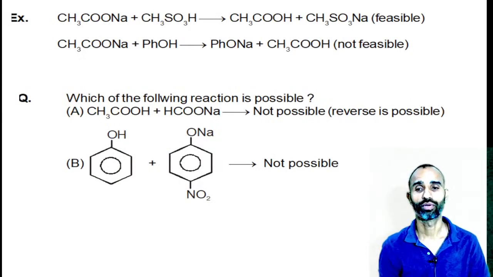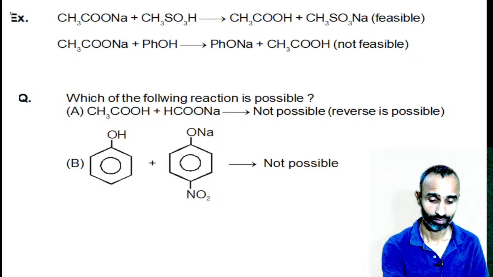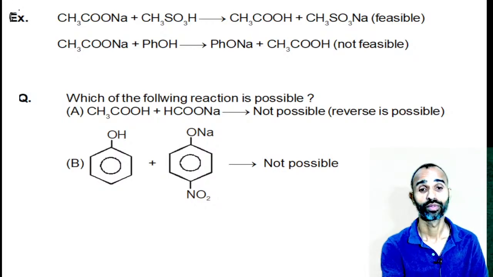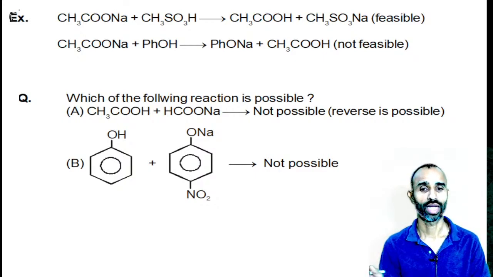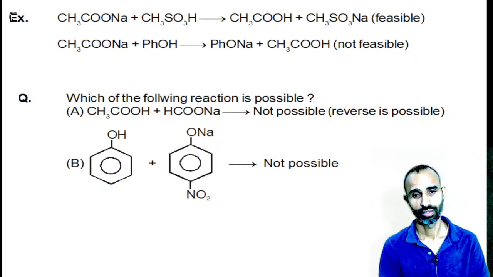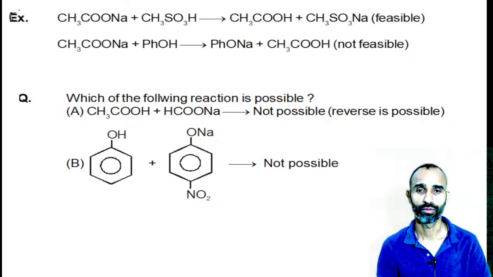See, in the first case, sodium acetate is a salt of strong base and weak acid. So when it is treated with methyl sulfonic acid, this reaction takes place. We get the weak acid, that is acetic acid, along with the salt.